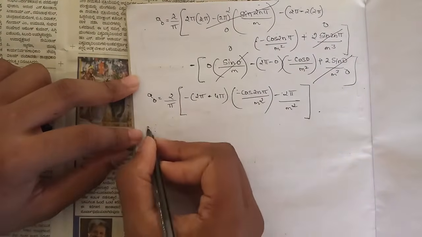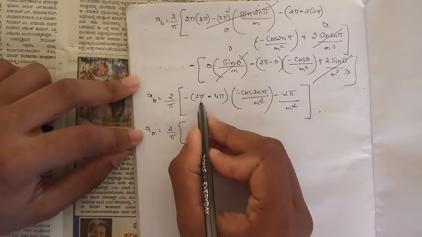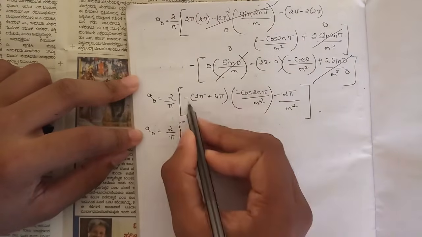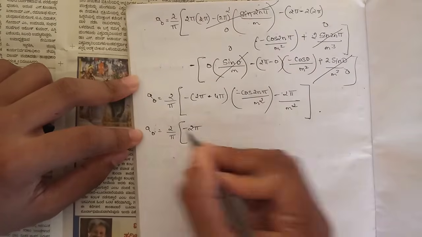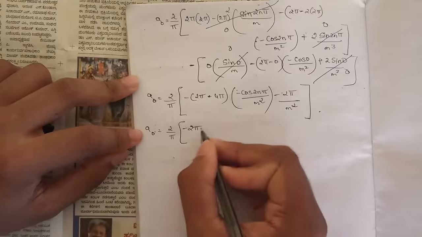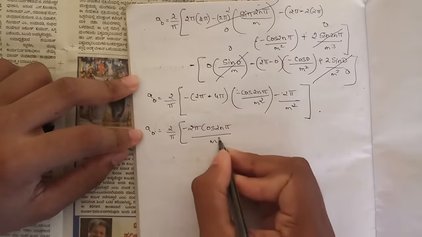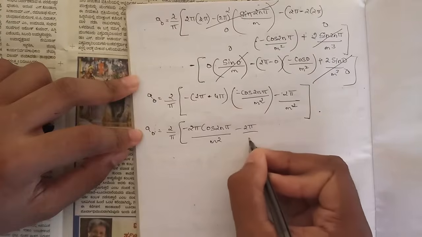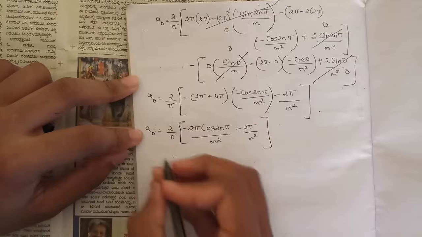Yeah, so now we will further solve this. 2 pi minus 4 pi is minus 2 pi. So we have minus here, we will write it minus, plus 2 pi. There is minus here, so we will write cos 2n pi by n square minus 2 pi by n square. So here we can take minus 2 pi by n square outside.